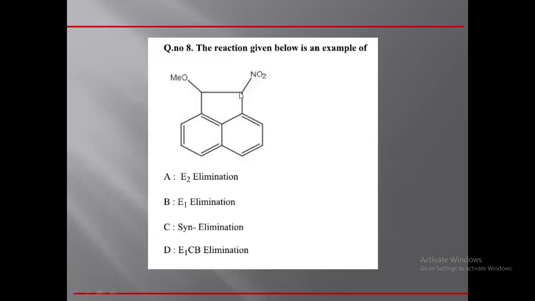So the base will abstract this proton, which comes into conjugation, so we can write E1cB elimination. E1cB elimination is the correct option, because E2 elimination is one step, E1 elimination is two steps, and there is no Cn elimination.